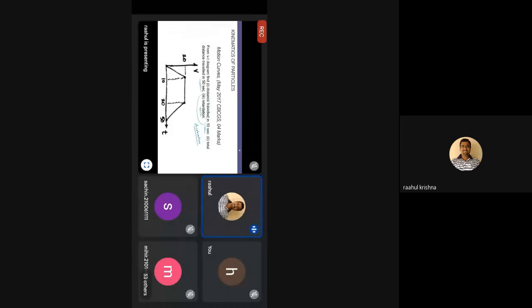Now, how do I find out the distance between 0 to 10? We have already said that it is the distance traveled in 10 seconds. For that, I'll have to find out the area under the curve from time equal to 0 seconds to time equal to 10 seconds. So what is the area under the curve? It's a right angle triangle, right?